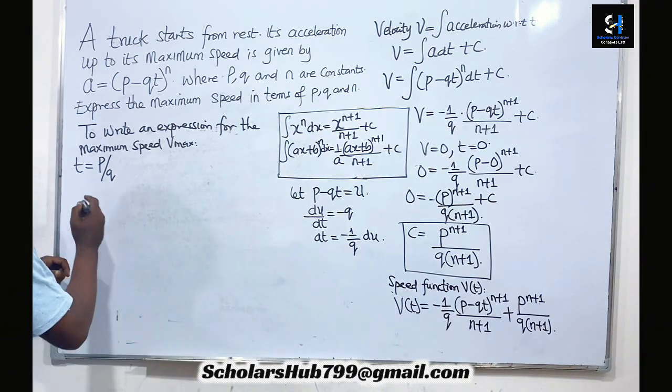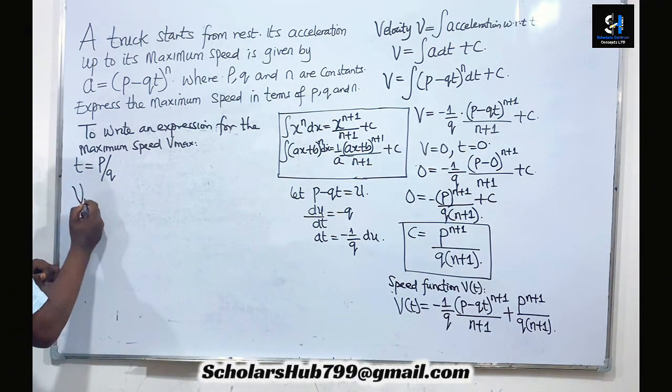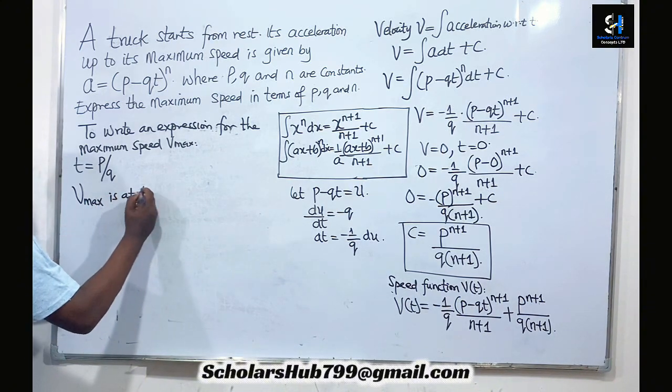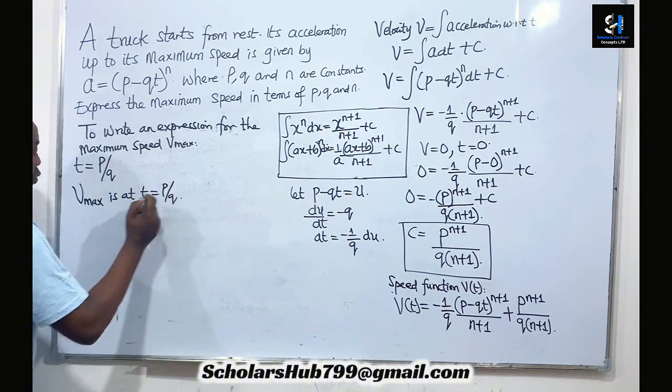So I'm going to substitute that into the equation. The maximum speed is at t equals p over q.